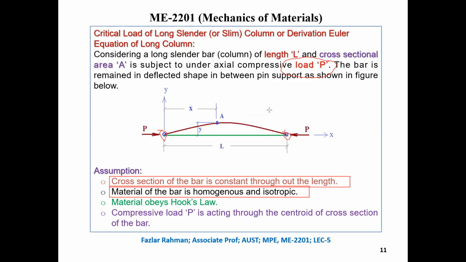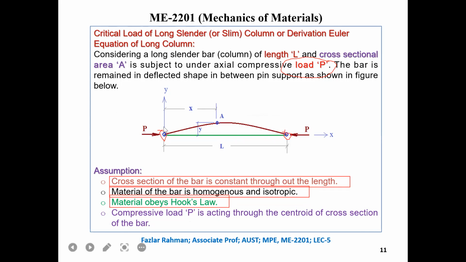That means if it is an alloy material, all the alloy is mixed homogeneously and the property is the same in all directions. The material obeys Hooke's law. This is the other assumption. And the compressive load P acts through the centroid of the cross section. That is the assumption we are making.